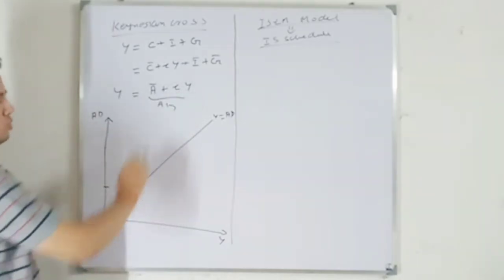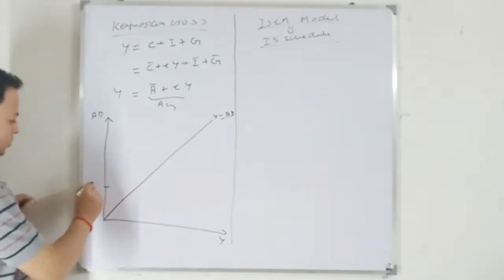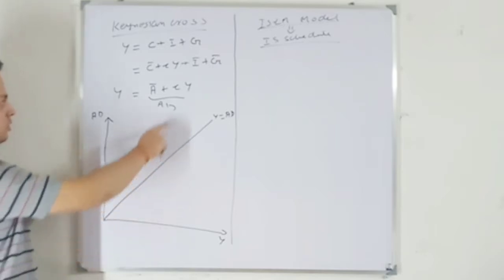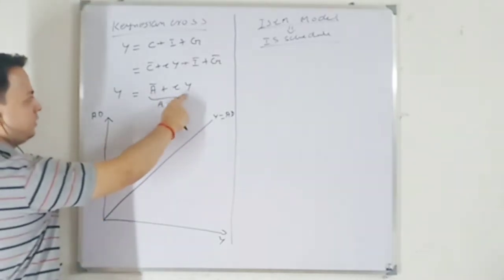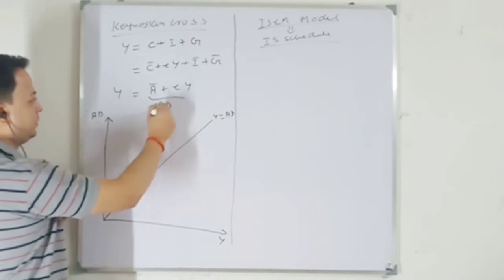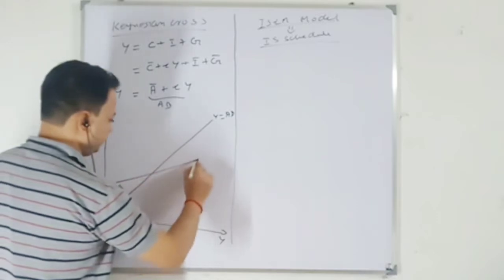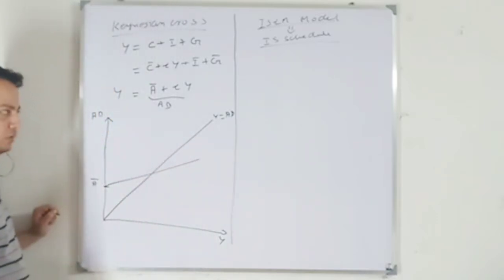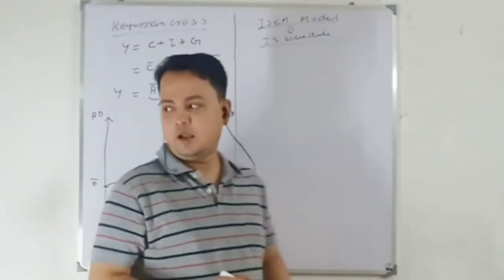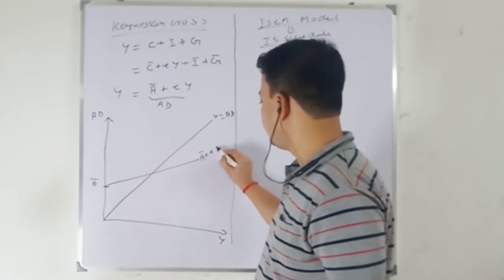When your income is equal to 0, your aggregate demand will be A bar. I am not doing the consumption function here, I am directly doing this, which is a part of your aggregate demand. When Y equals 0, your aggregate demand will be A bar. This will be your curve. Now I have drawn this schedule, and the equation of this line is A bar plus small c Y.